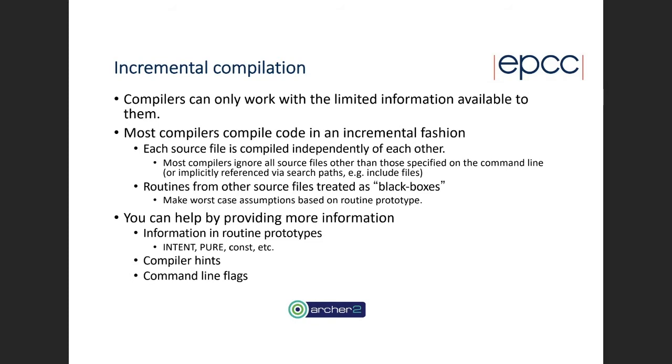These days, compilers also tend to do a bit more work in terms of optimization at link time. That helps obviously, because at link time the compiler can see all the code and do things like cross procedural optimizations.